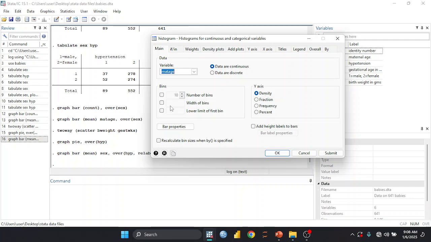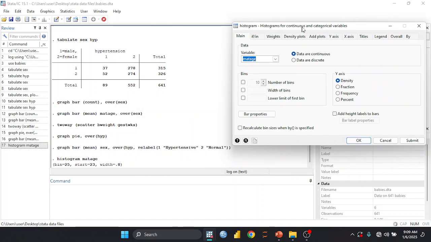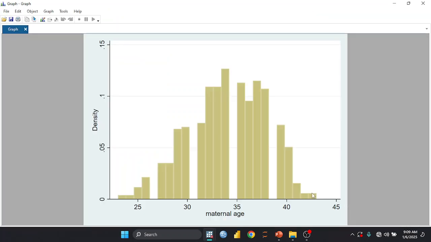So let's see density, number of bins. We leave it at 10. There are no options here. We submit. So we are still using the log file we opened. So this is good. You can see the apex here, the kurtosis, while the symmetry is symmetric.